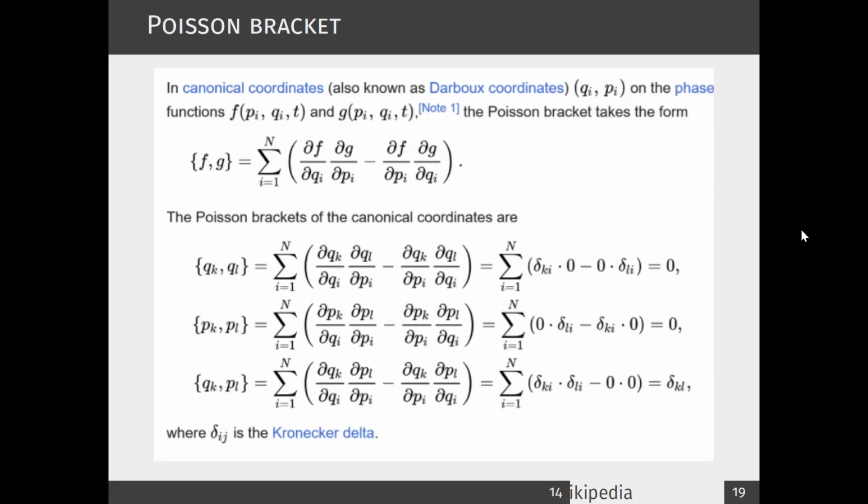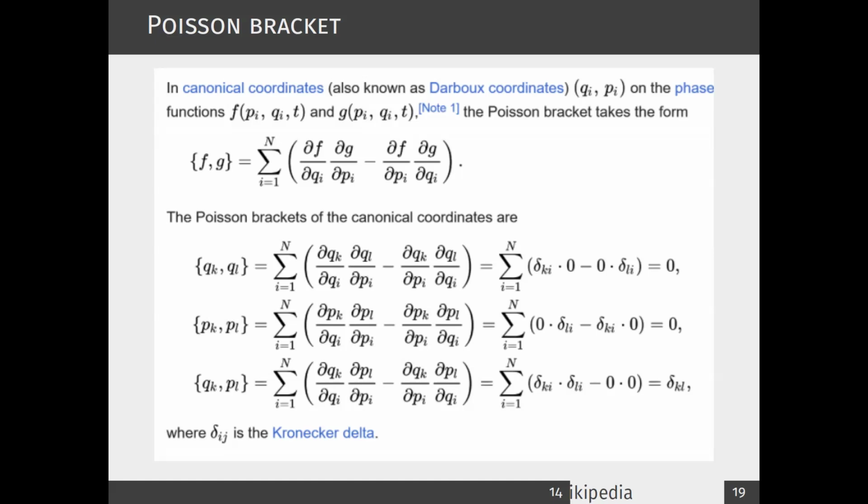We have phase space, position and momentum, and you have 2 functions, f and g, that depend on the phase space.